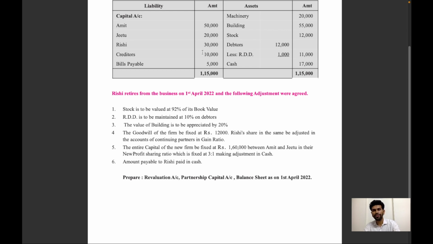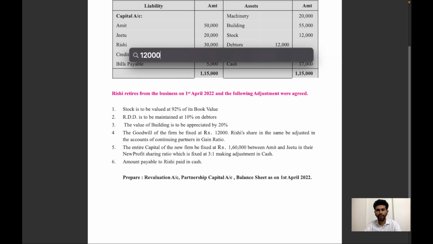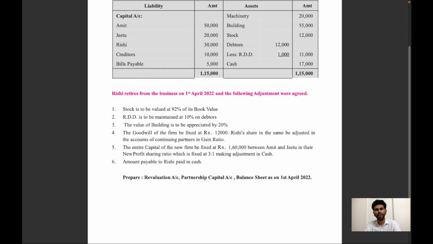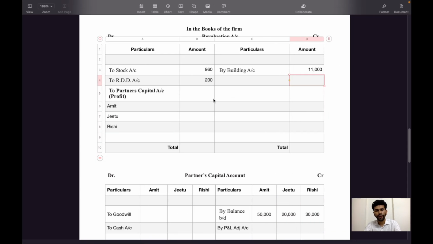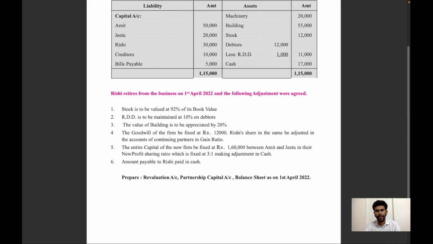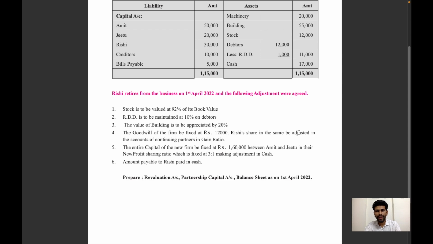So Rishi's share is 3 by 10. So 12,000 into 3 by 10, 3,600 rupees will be recorded first on partner's capital account credit side in receipt column, and now it will be adjusted in the account of continuing partners.